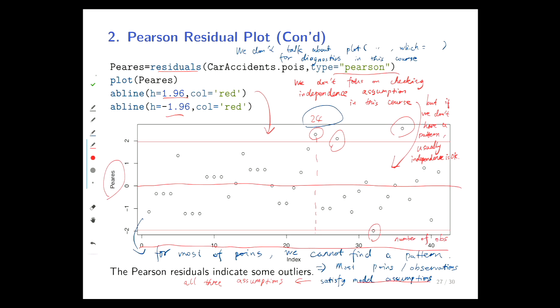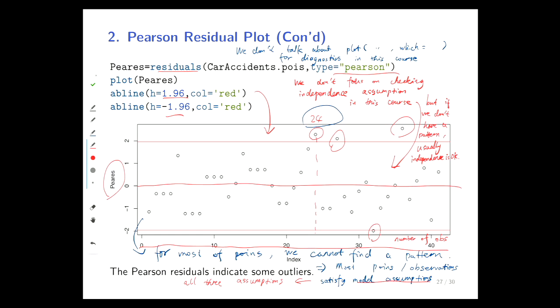If there is some pattern, especially when we have a time series index, meaning we have time series observations, then we actually have time dependence. But we do not usually have time series observations in this course, so usually we just ignore it.